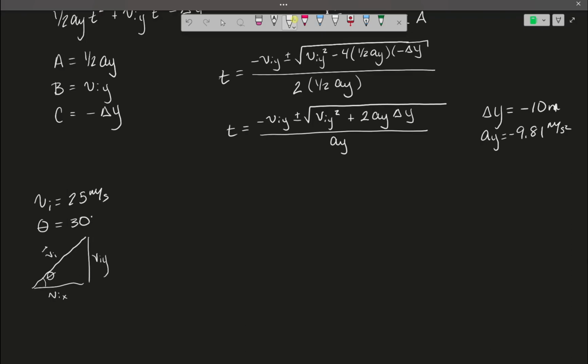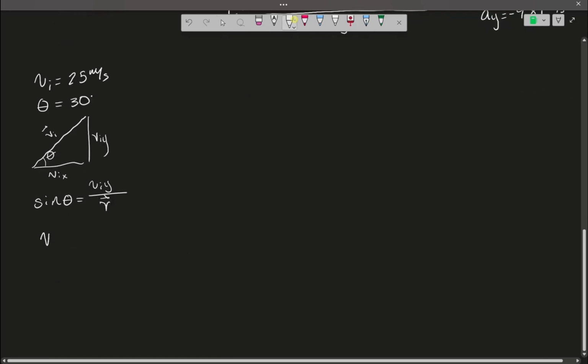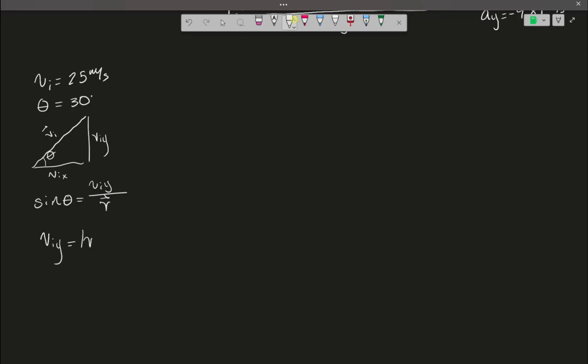So I can use sine of theta, which is the y component over the hypotenuse, to find what this y component is. Rearranging, my initial velocity in the y direction is equal to the magnitude of my initial velocity times sine of theta.